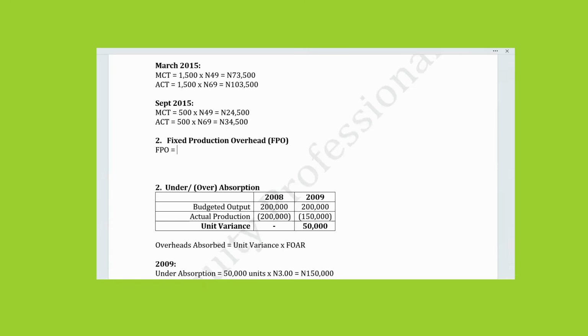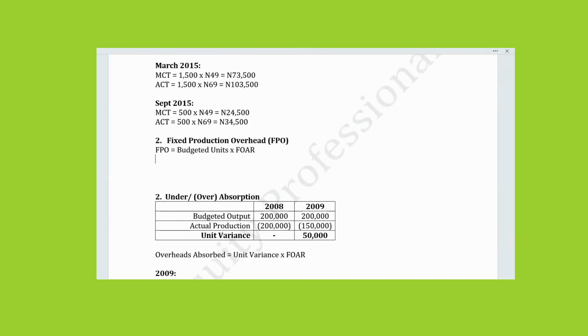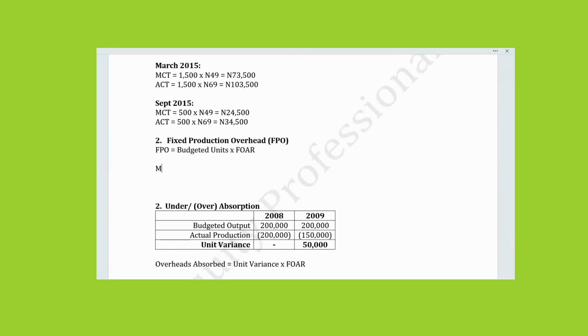My fixed production overhead will be budgeted units multiplied by fixed overhead absorption rate. So for period ending March, this will be equal to budgeted units, according to the question, 16,000 for 1 year.